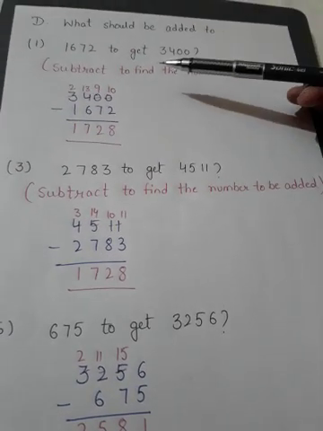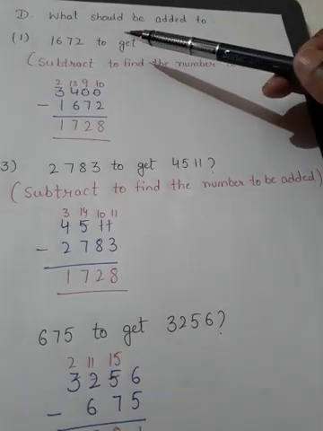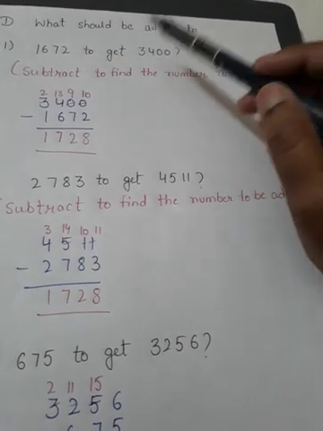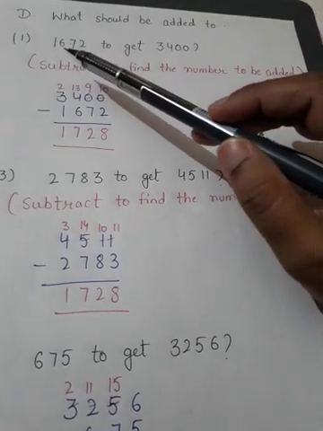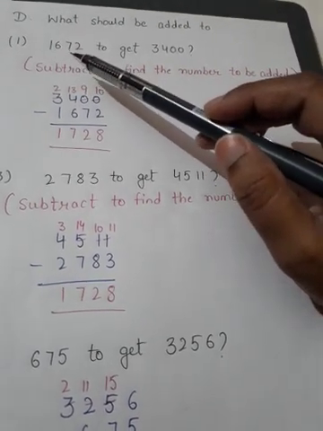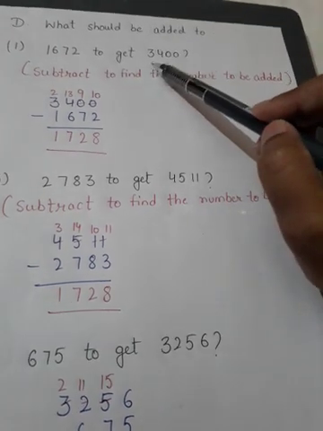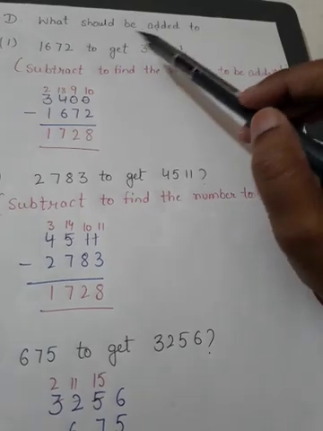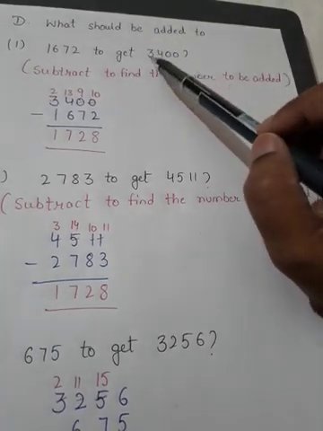Now look at question number D. What is the question? What should be added to? We have to find. So first it is saying 1672 to get 3400. It means we have to find the number that we have to add to this so that we get this answer.